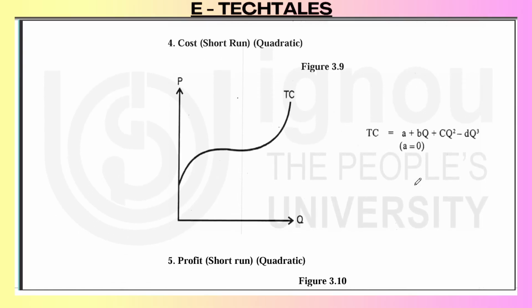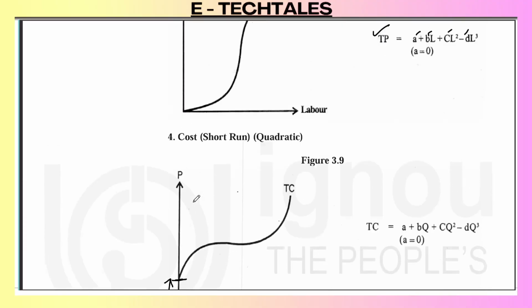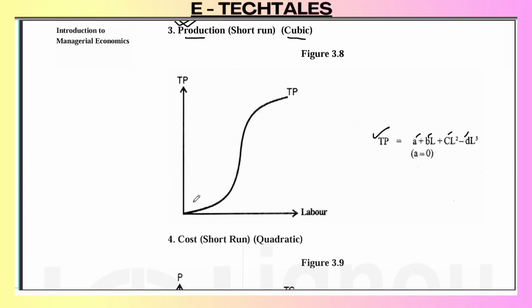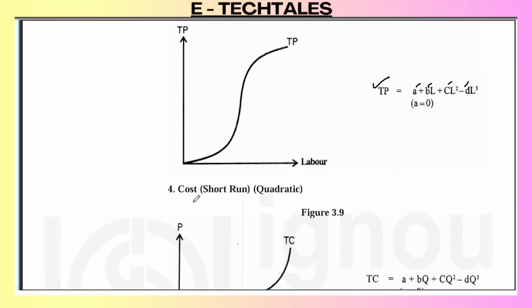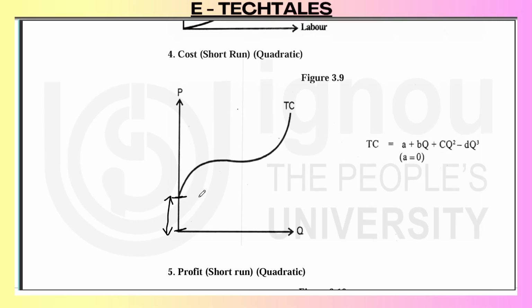Now, cost, that is short run quadratic. The same design, but this has shifted a little up. Okay. Why? Because we have to think about the fact that cost is something that is not related to or not added with any profit. So cost is for the short run. When a company incurs something like that, it has some initial cost of production.